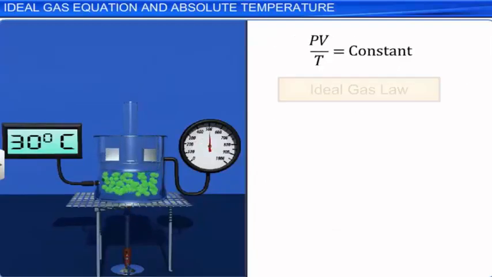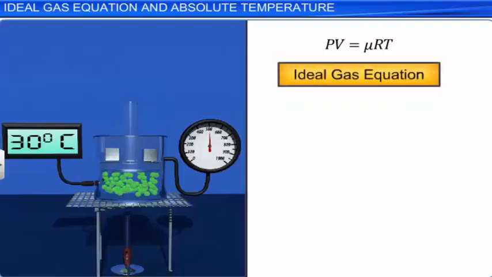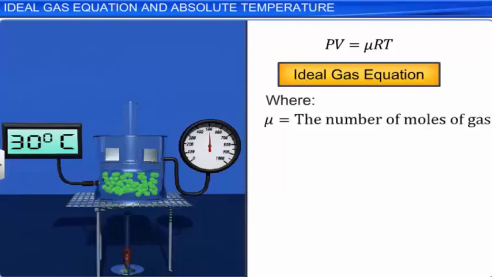This is known as ideal gas law. PV is equal to mu RT is a generalized ideal gas equation, where mu is the number of moles of gas and R is 8.31 joule per mole per Kelvin, which is the universal gas constant.